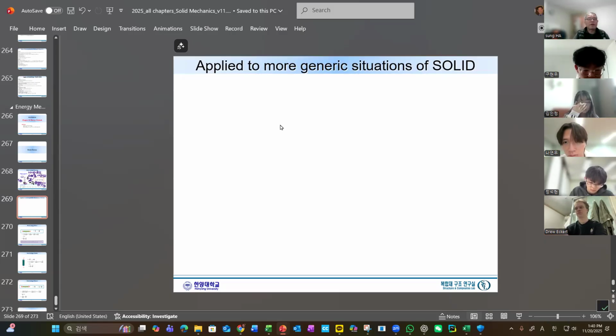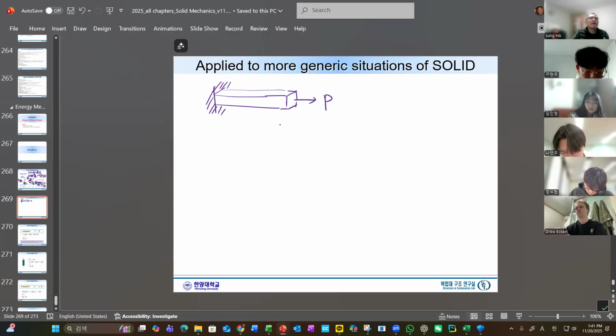Let's say we have a very simple bar. Okay, this is the bar. And when we apply the P, again, P means that it is starting from 0 to P0.